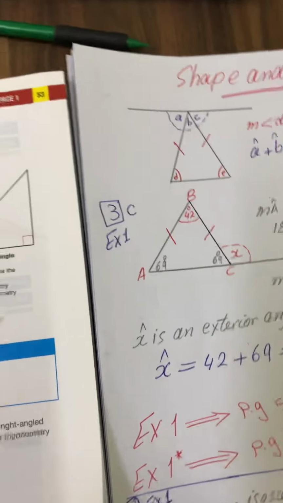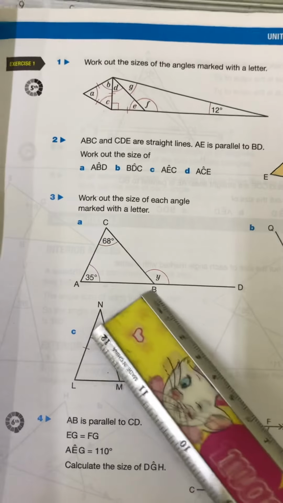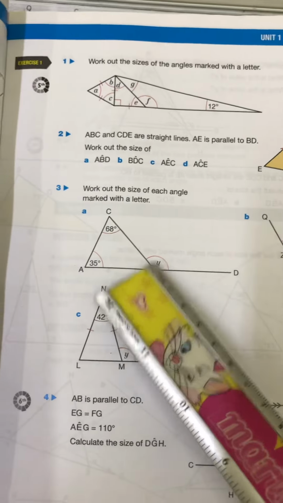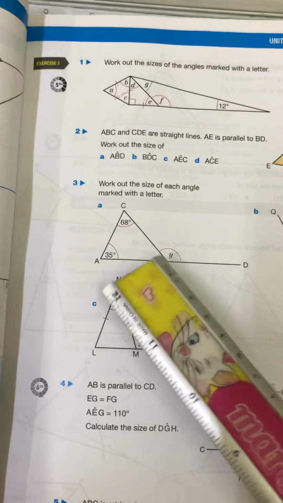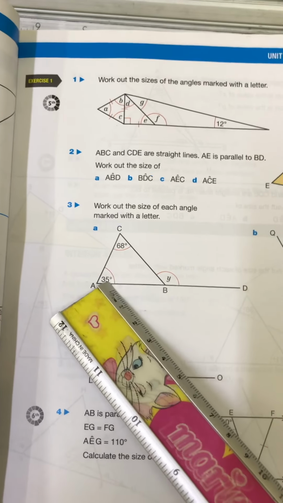And also take care that if I extend a side of that triangle, we have what we call an exterior angle. Take care that this exterior angle is equal to the sum of the two remote angles.